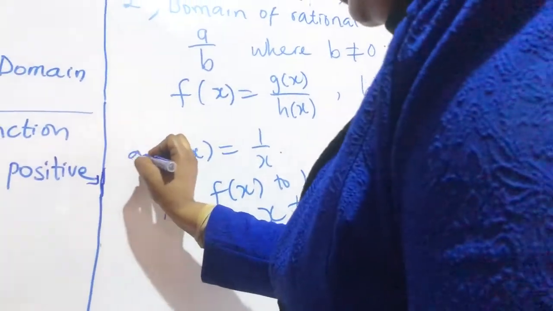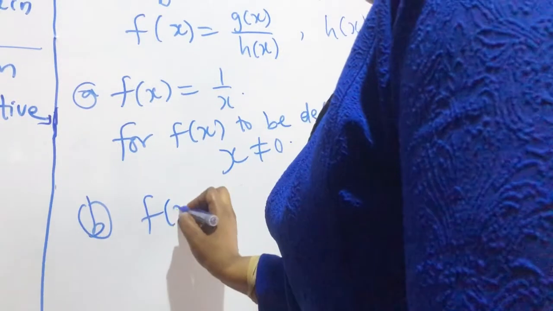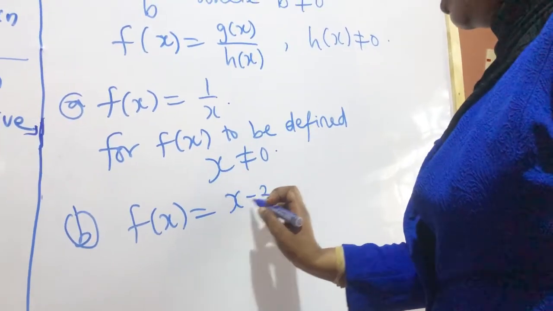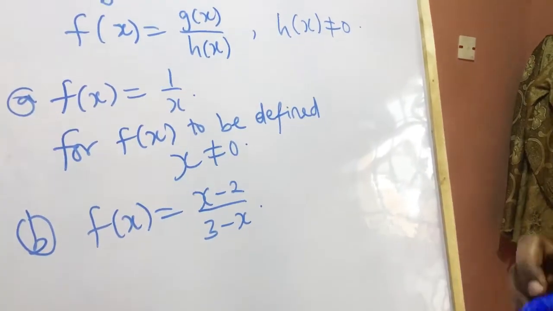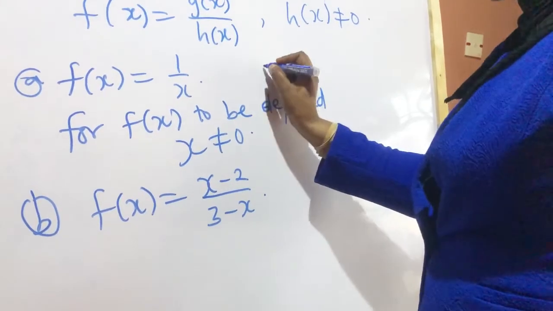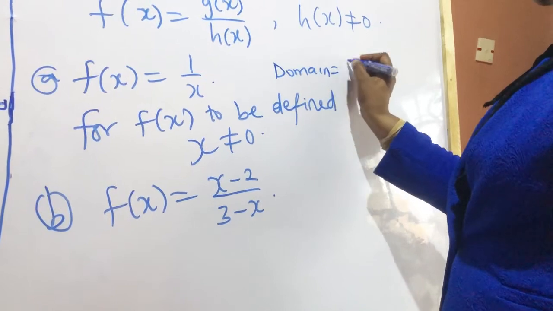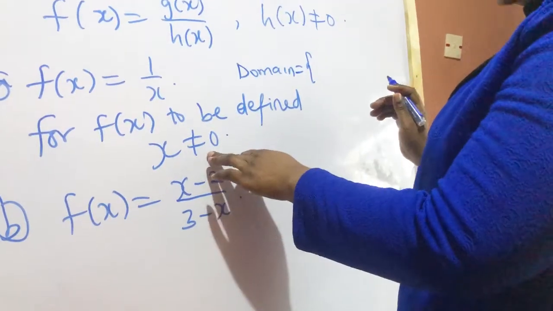So the domain of this one will be all other numbers except 0.